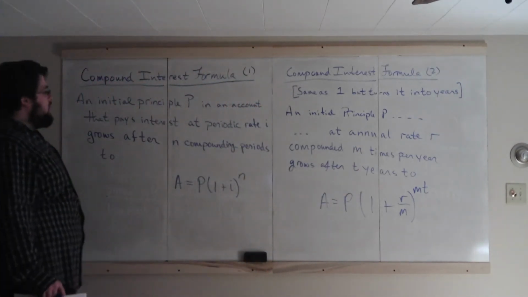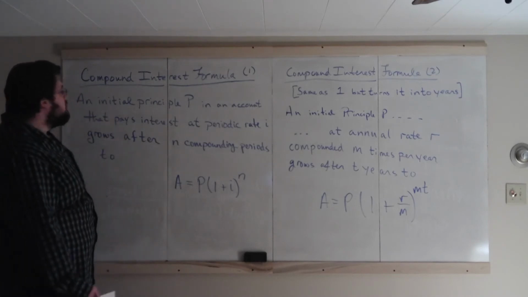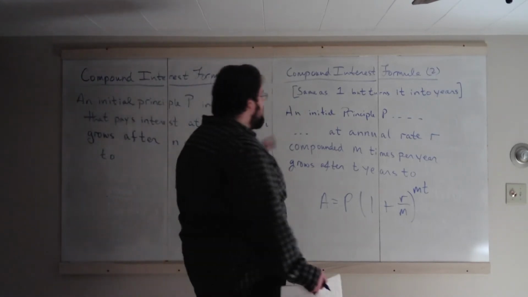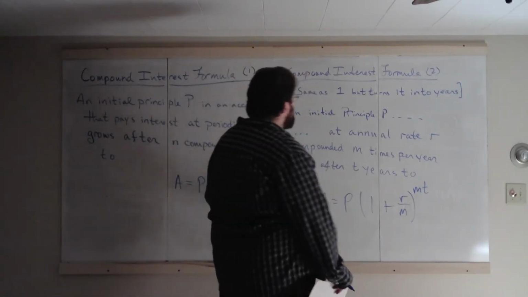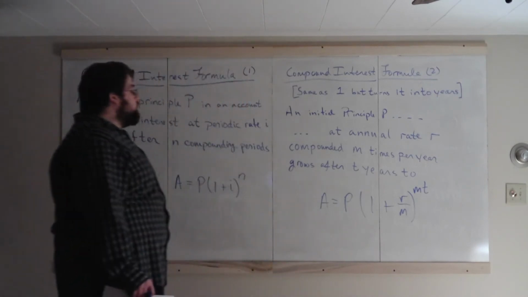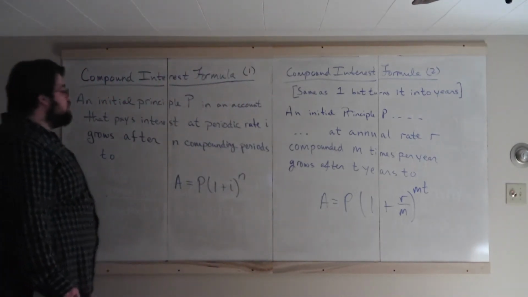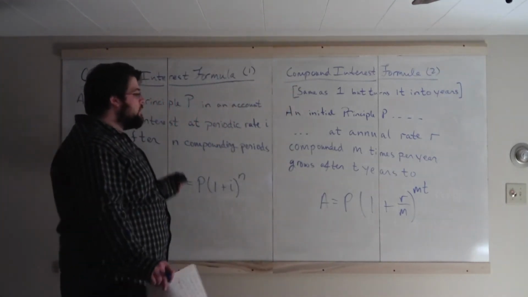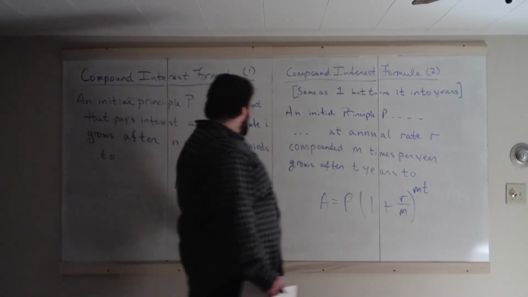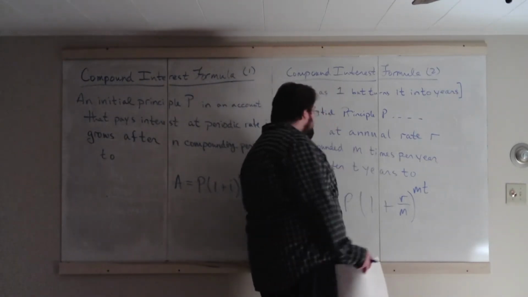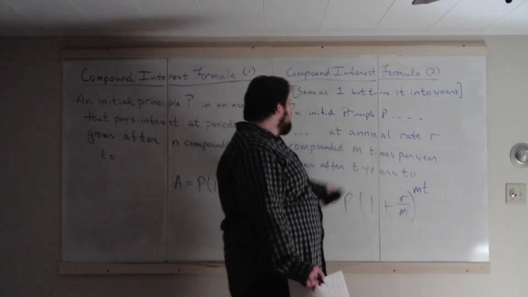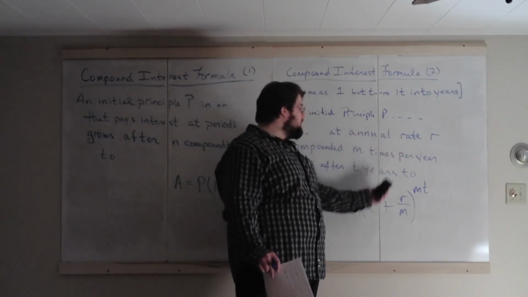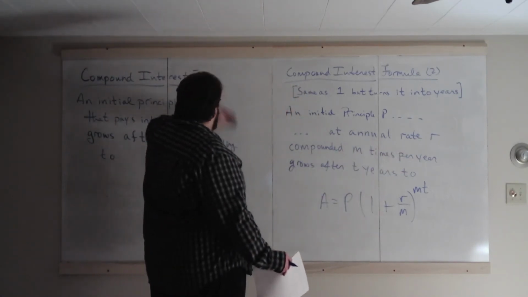The initial principal P in an account that pays interest at annual rate r, remember as a decimal, compounded m times per year, grows after t years to that amount. So the rate i here is r over m from the previous remark. But then the exponent, up here we just have n compounding periods. mt gives the number of compounding periods because it's compounded m times per year, multiplied by years, year cancels, and you're left with the number of times it's compounded.